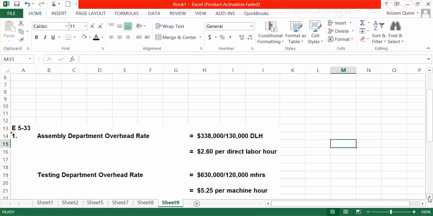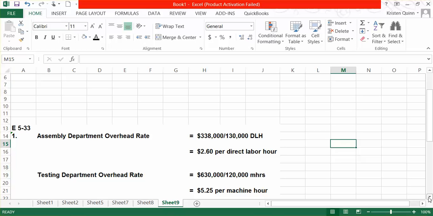In part 2, they ask us to calculate the overhead that's applied to production in each department for the month of March. As a reminder, when you're doing any type of overhead rates, we only ever use our estimated amounts when calculating the predetermined overhead. We do not use them any other time in the problem.